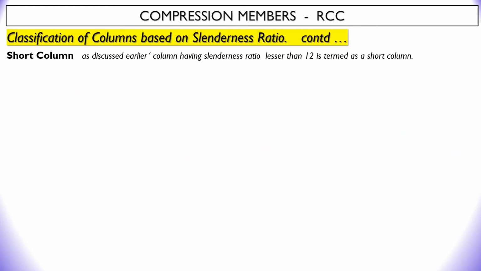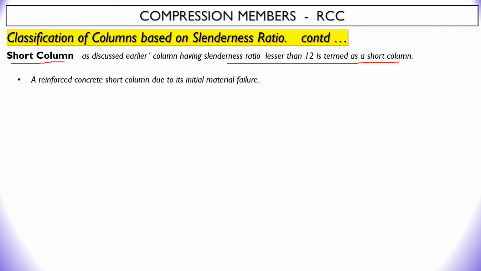Now let us go through in more detail what a short column is. As we have discussed, a column having a slenderness ratio lesser than 12 is termed a short column. A reinforced short column will fail due to failure of its material. So if you have a short column and load is applied on it, the column will fail when its material fails.